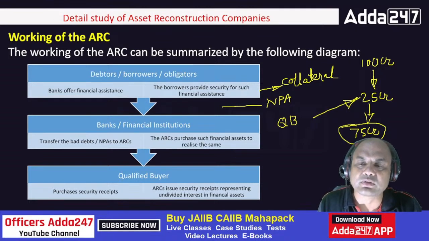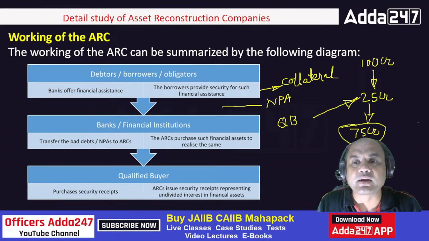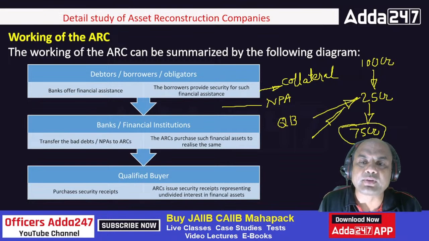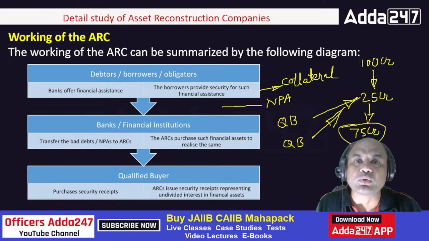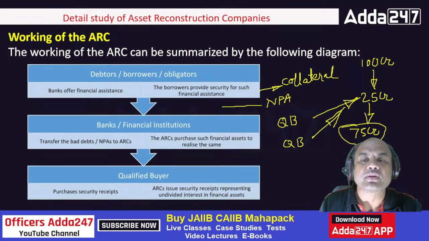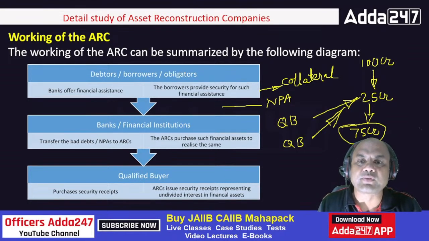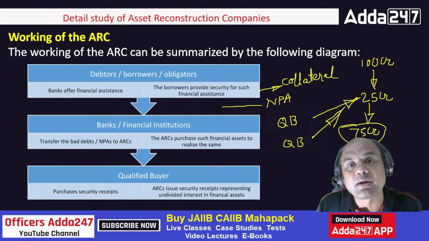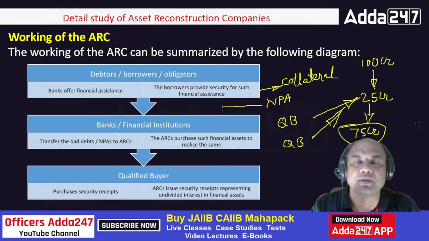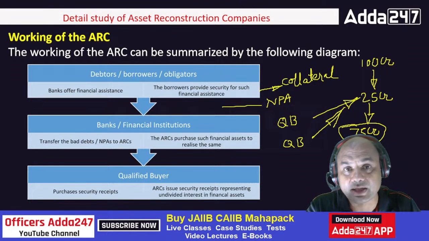Suppose this asset is of 100 crores and there are two QBs who have invested in this project. Both of them will have a 50-50% share in this, plus this ARC's own stake. If there are three, then 33-33. It depends on the agreement between that ARC and the QBs.